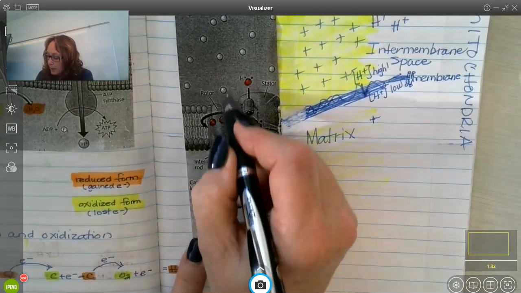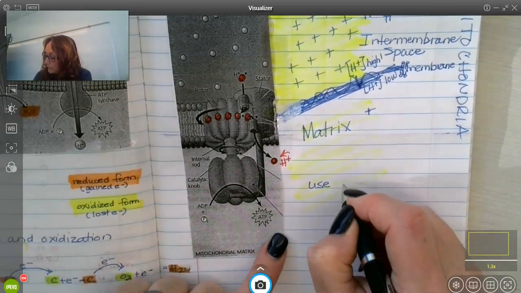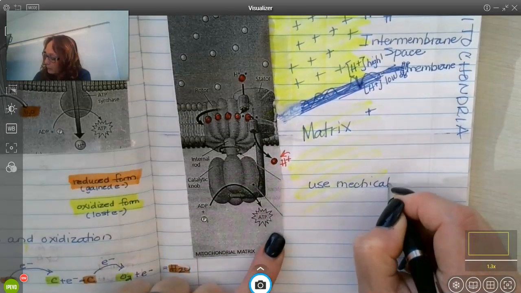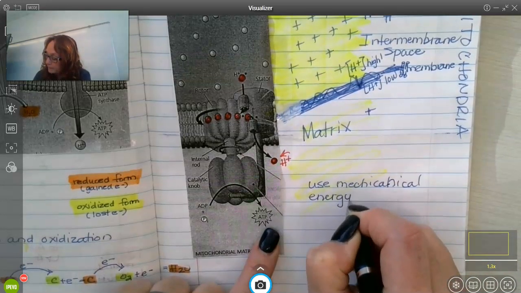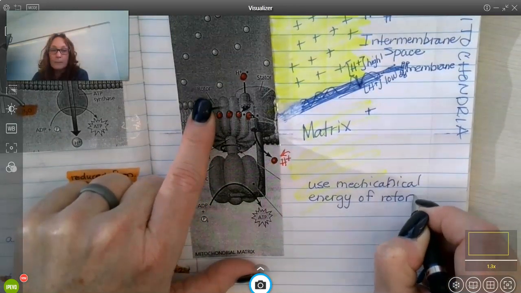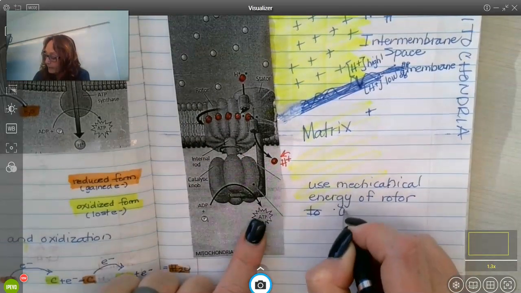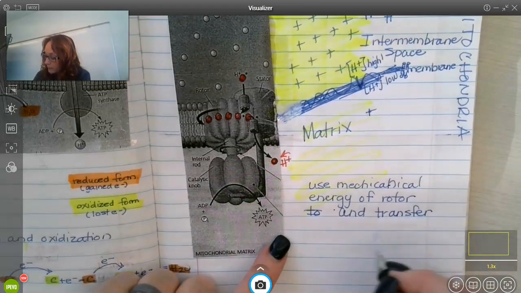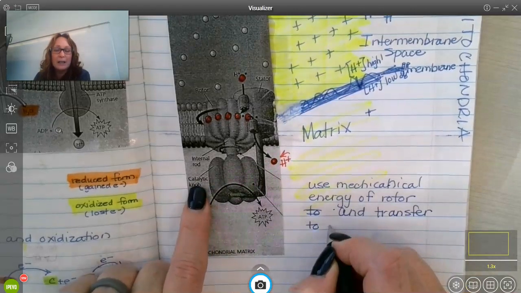So ATP synthase is going to use the mechanical energy of this rotor, and it's going to transfer that energy through the catalytic knob.